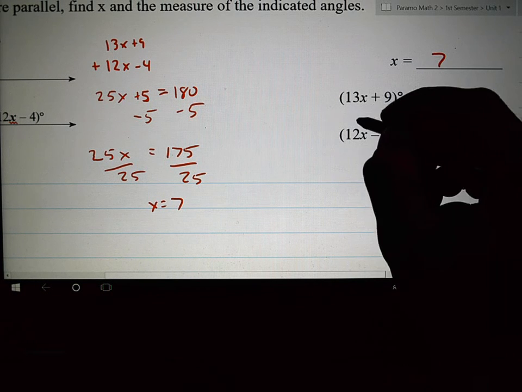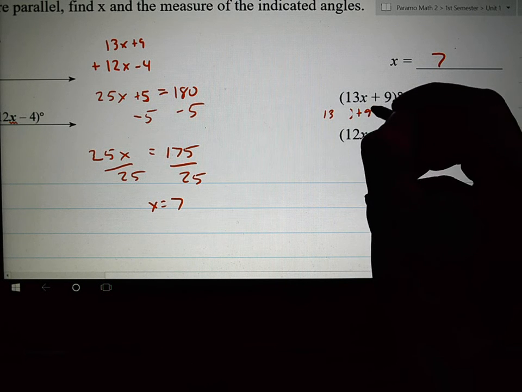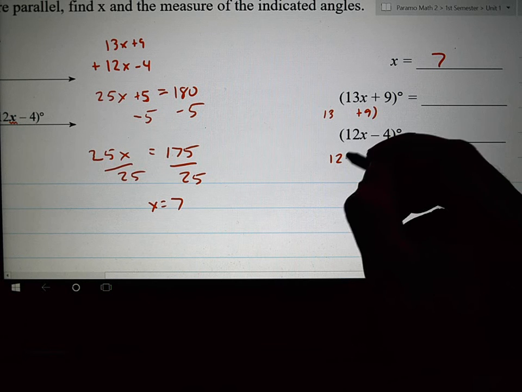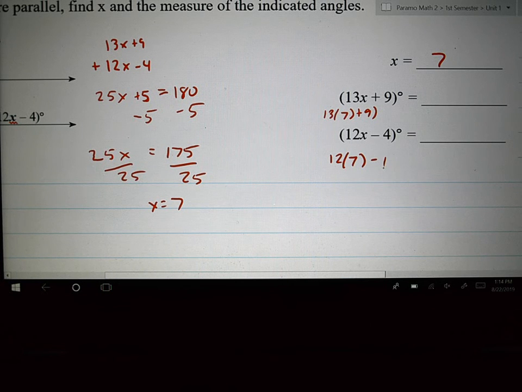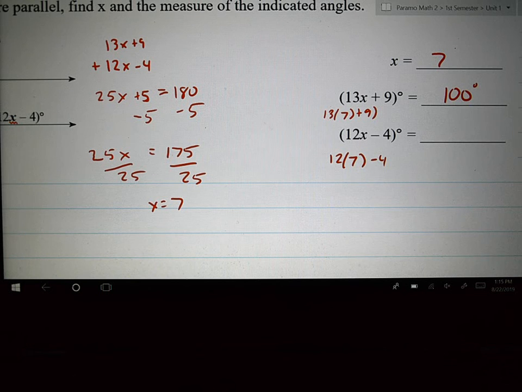So what we're going to have to do off to the side is 13 times 7 plus 9, and 12 times 7 minus 4. 13 times 7 plus 9, I'm going to use my calculator for that. 12 times 7 minus 4 is, and that should make sense because we said these two angles needed to add to 180 degrees. I'm going to stop your notes right there.